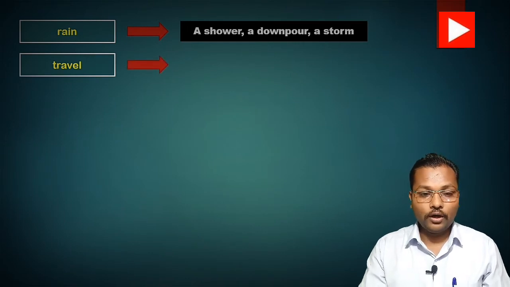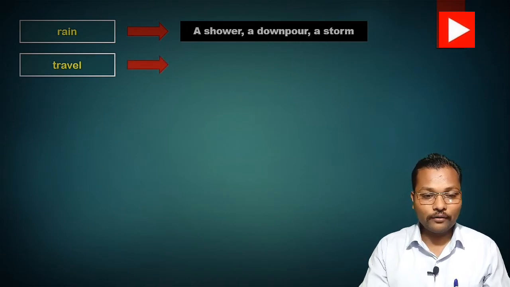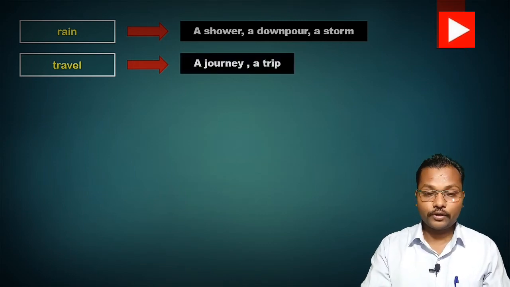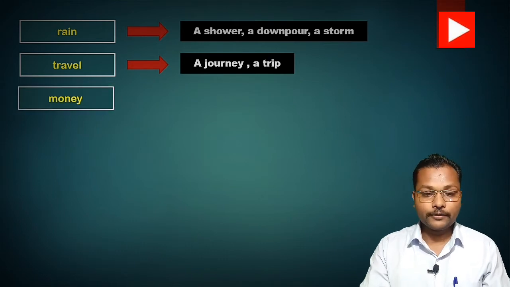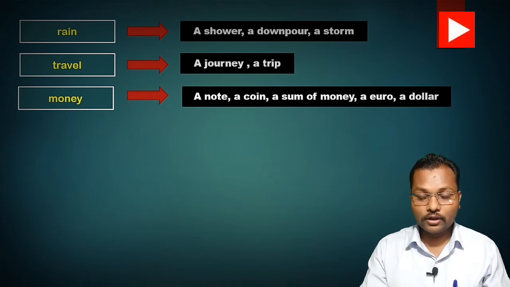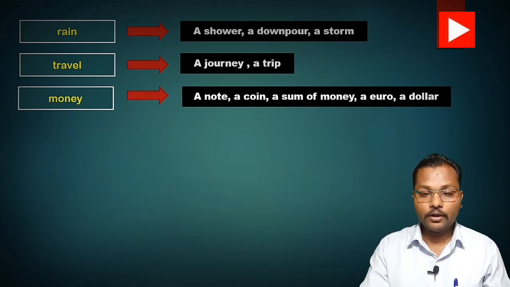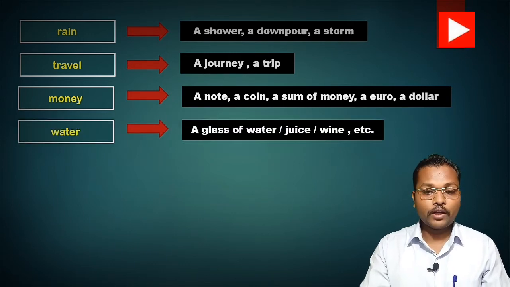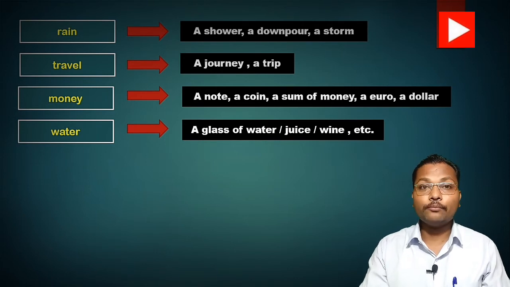Instead of saying a travel, or making it singular, we can say a journey, a trip. Money. We can make money countable by using such nouns as a note, a coin, a sum of money, a euro, a dollar, etc. Water. For water, we can say a glass of water, a glass of juice, a glass of wine, etc.